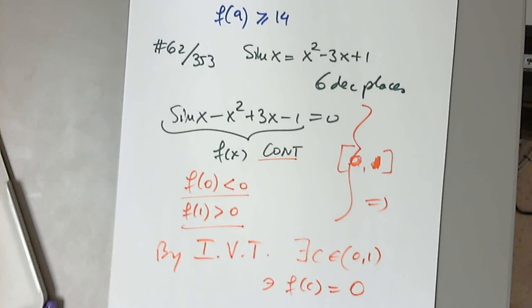In other words, there is a solution. In other words, there is an x-intercept. In other words, the function must cross the x-axis between 0 and 1. It must. It's continuous. It's negative at 0 and it's positive at 1. Is that clear?